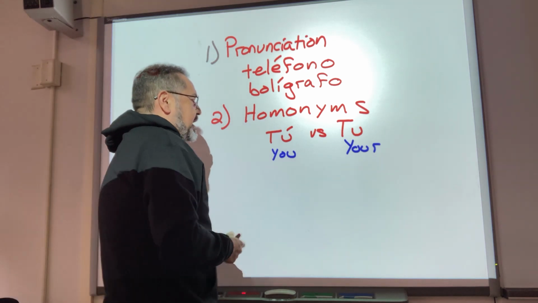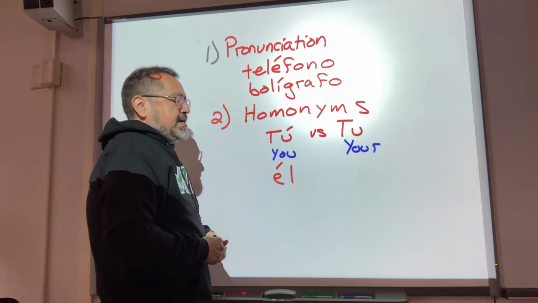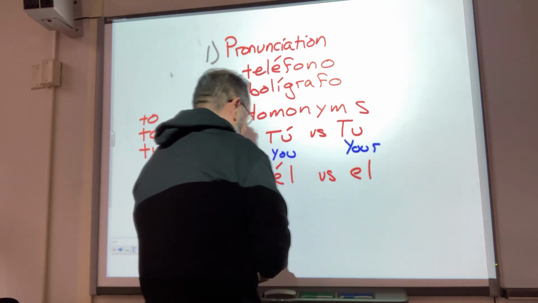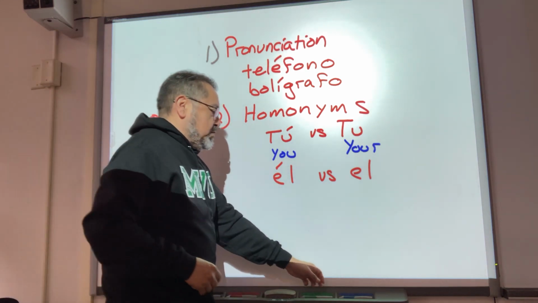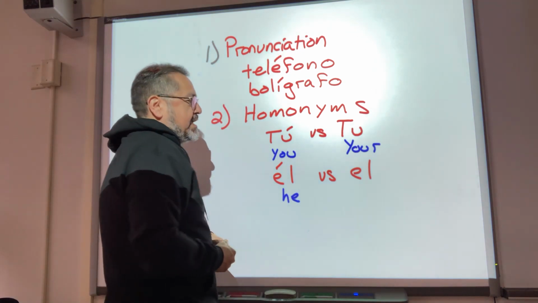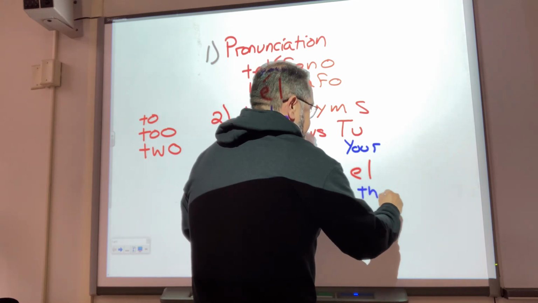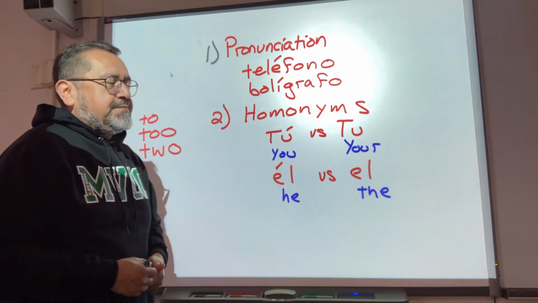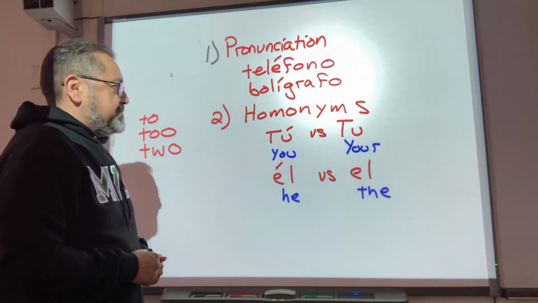The next one that you're going to encounter a lot in this class is él with an accent mark versus el without. Él with an accent mark means he. El without an accent mark means the. Specifically though, it is the masculine form of the. We also have a feminine form.